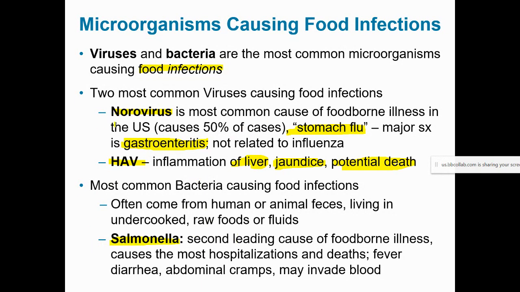Salmonella is second to norovirus in terms of causing all food-borne illnesses. Salmonella definitely causes the most hospitalizations and also the most deaths, so it can be a bit more severe than norovirus or the stomach flu. Earlier symptoms include fever, diarrhea, and abdominal cramps, and if it does invade the blood, that's when it can become fatal.